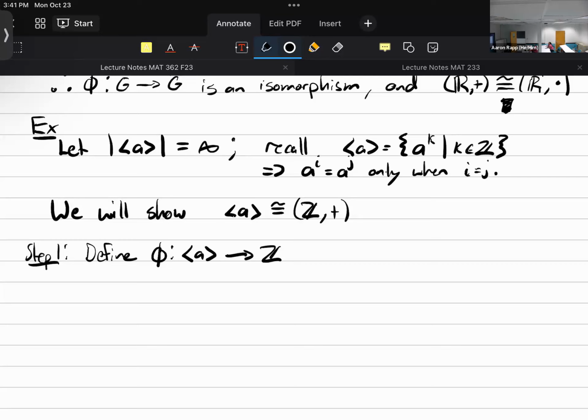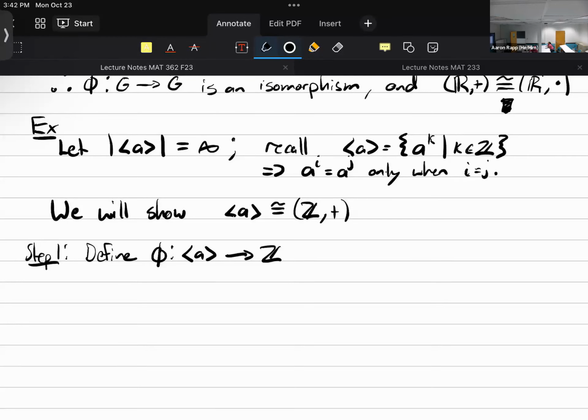Well, what do all my elements in this cyclic group generated by A look like? Yeah, A raised to some integer, for any integer.